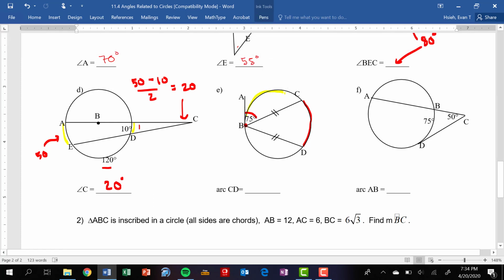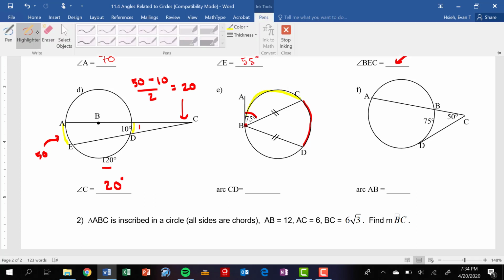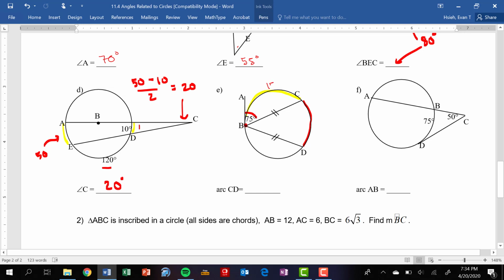So I know that this must be 150 degrees. I also know that these 2 chords are congruent to each other, which means that this has to be 150 also. The corresponding arcs are going to be congruent to each other. These are both 150, 300 together. That makes this 60 degrees, and that's the answer.